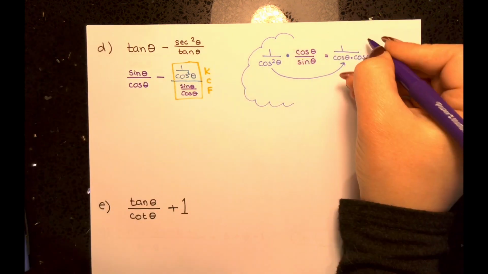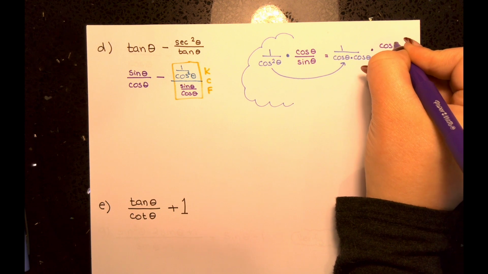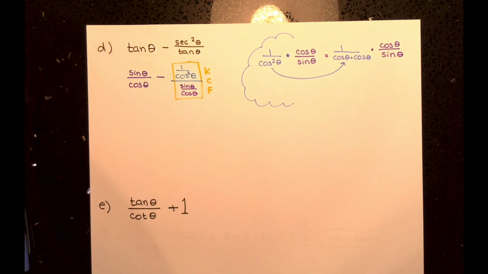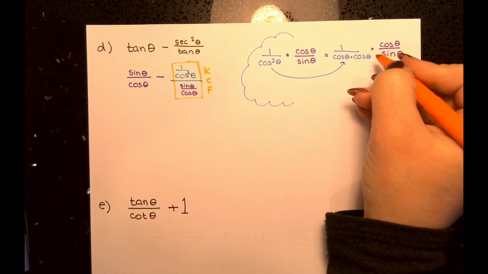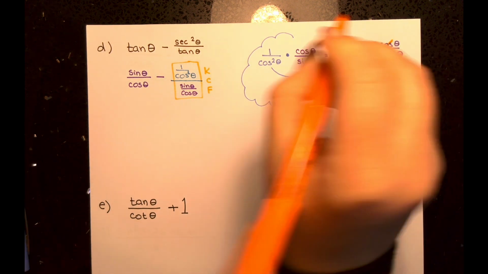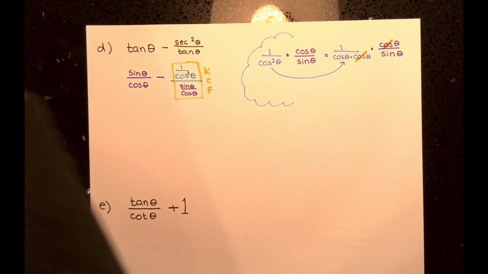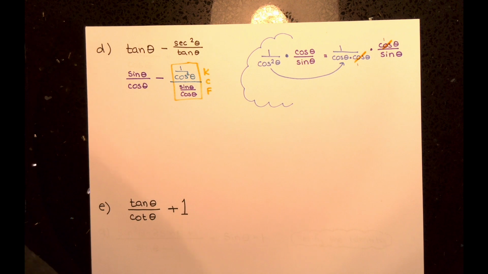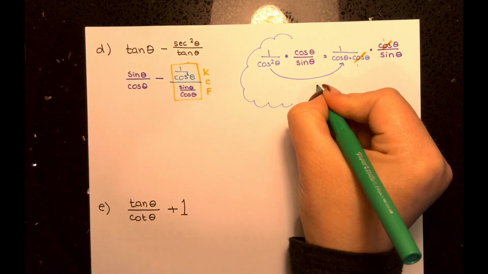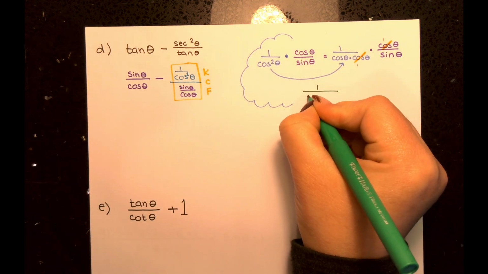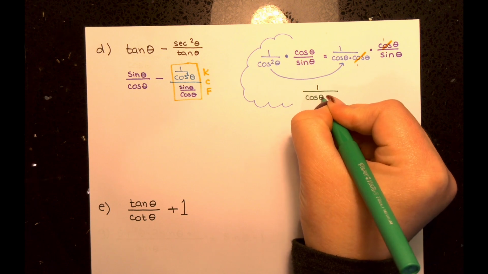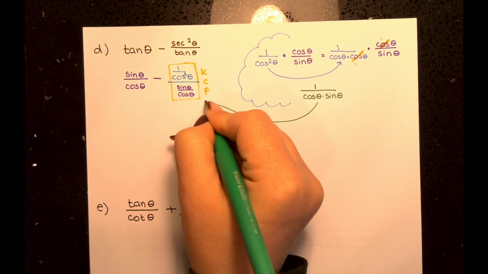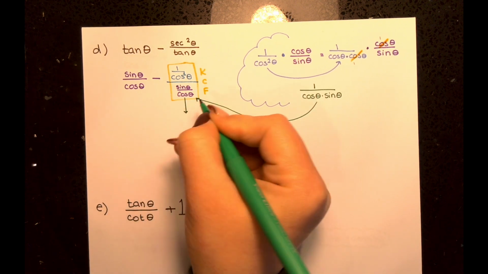So when we are multiplying by cosine over sine, we actually can simplify one of the cosines with one of the cosines. So we will have a 1 here, a 1 here. So we end up having 1 over cosine of theta times sine of theta that we're going to bring back here.